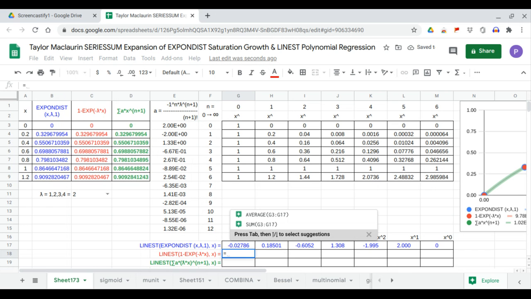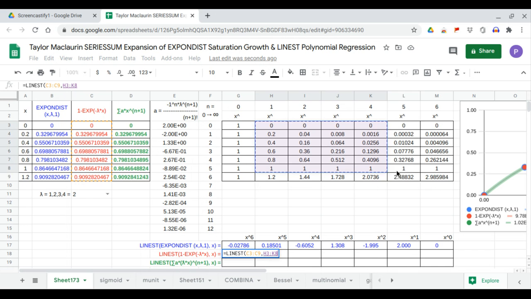For the exponential term, LINEST data y and data x. And the approximation, which is the Taylor-Maclaurin series expansion, LINEST data y and data x.